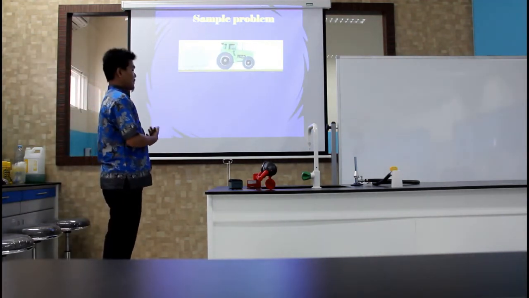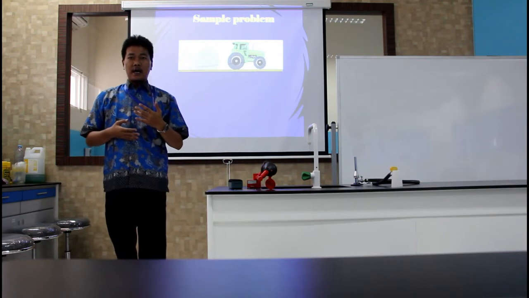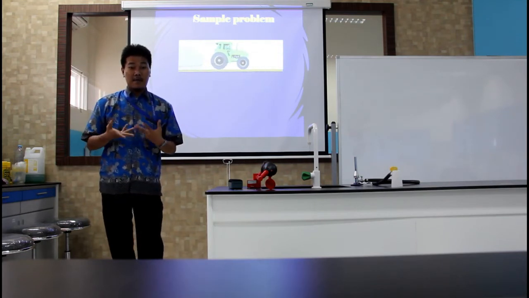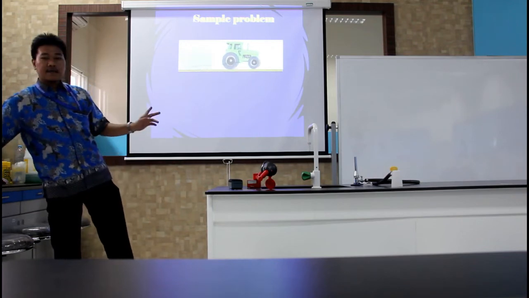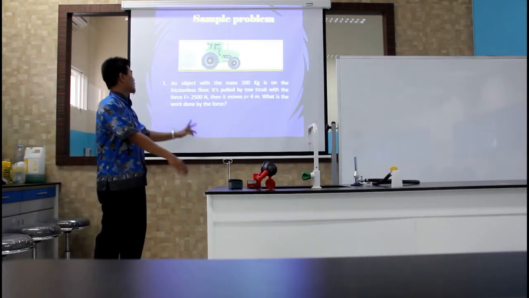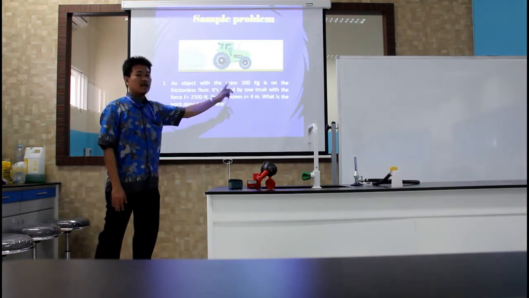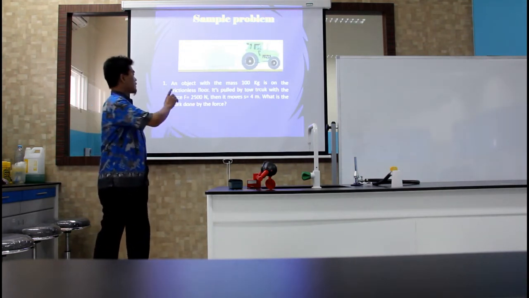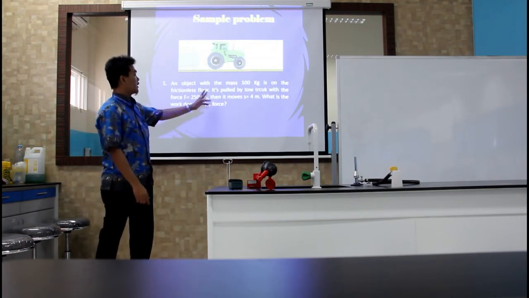If you understand, now I will give you a sample problem. And remember, the sample is easier than the problem, right? This is the sample. An object with mass 100 kilograms is on a frictionless floor, the floor is slippery.